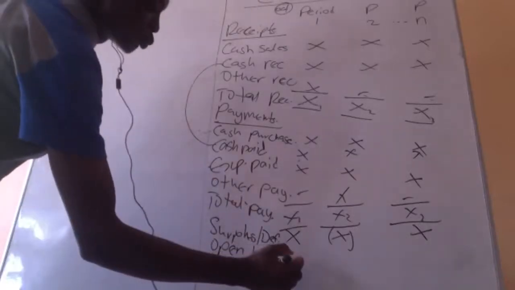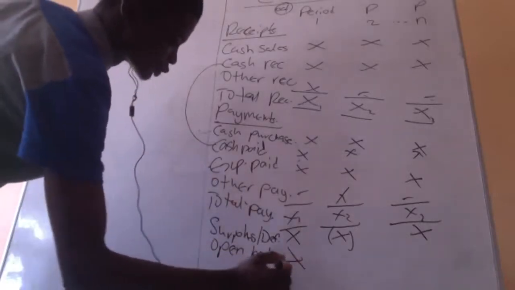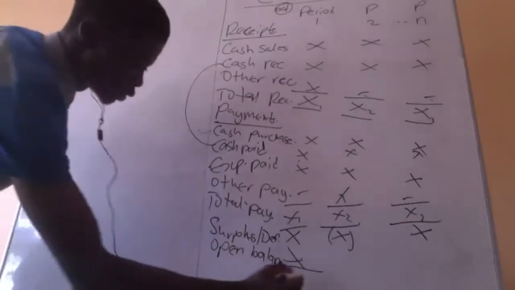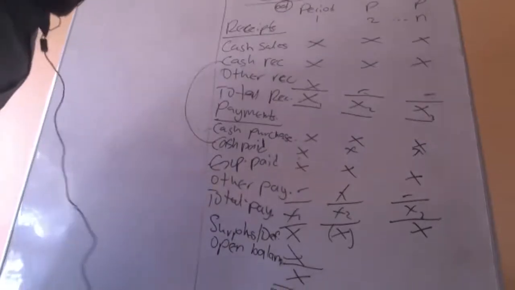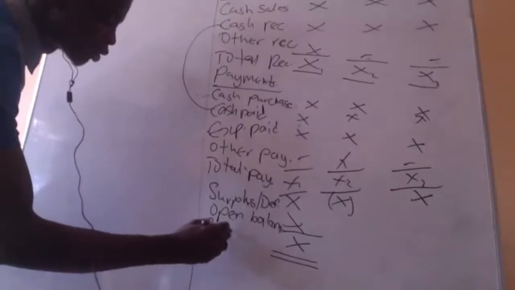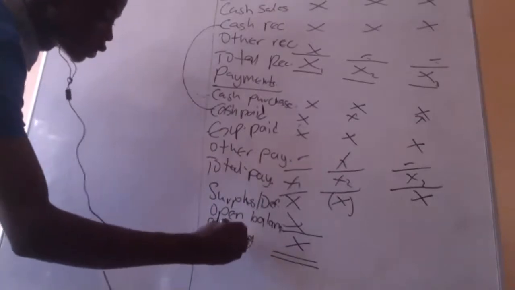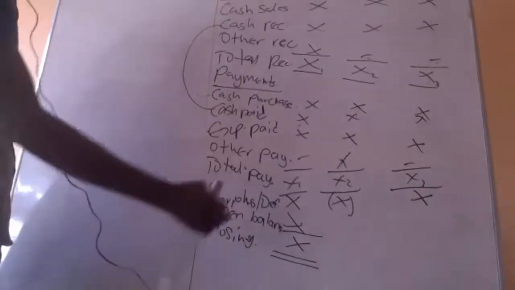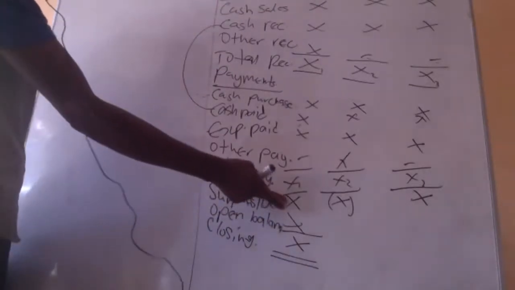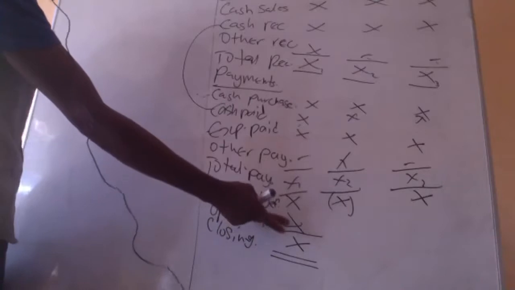Now, when you put the opening balance together with the surplus, it will give you an answer, and that answer is the final one. That one we call the closing balance. So if I want to get the closing balance, it's nothing but adding the surplus for the period to the opening balance.